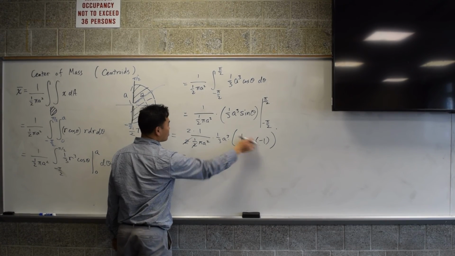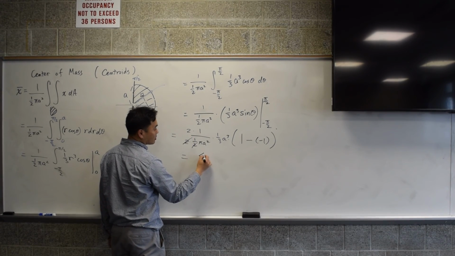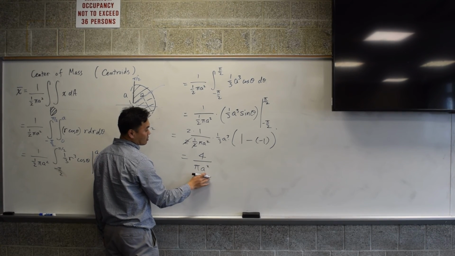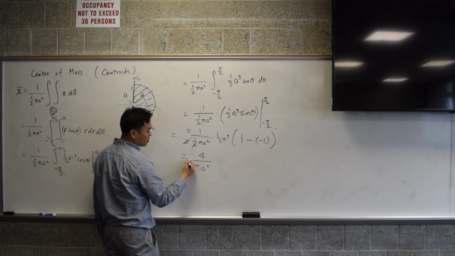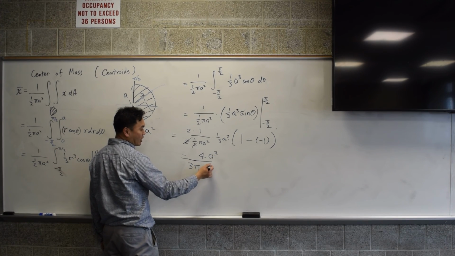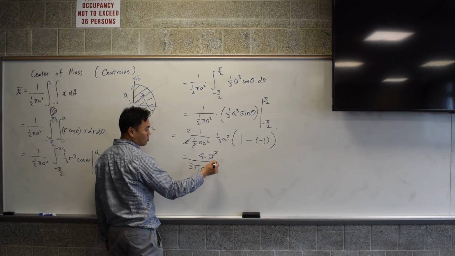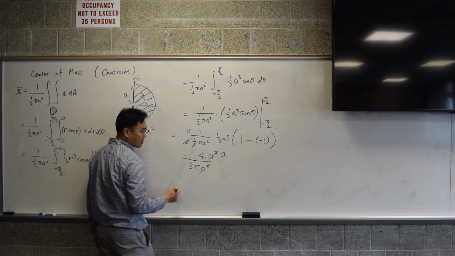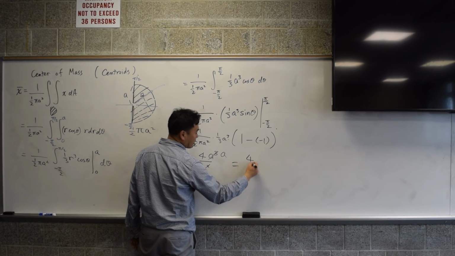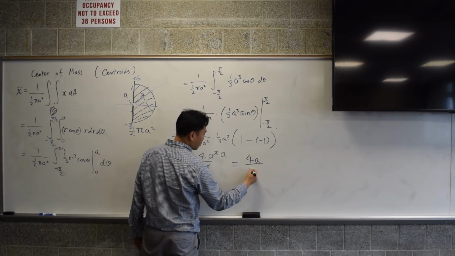And this is 2, so 2 times 2 is 4. So 4π a squared is what you get in the denominator. You have a 3 there, and you have an a cubed. You can cancel the a squared with the a cubed to give you just a single a. So at the end of the day, what you're getting is 4a over 3π.